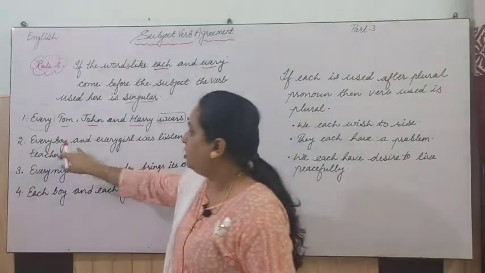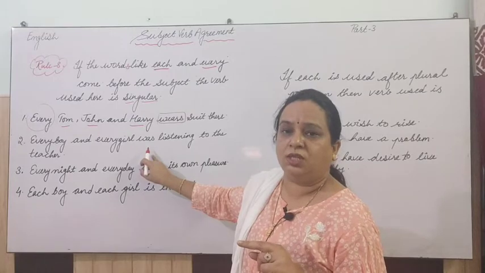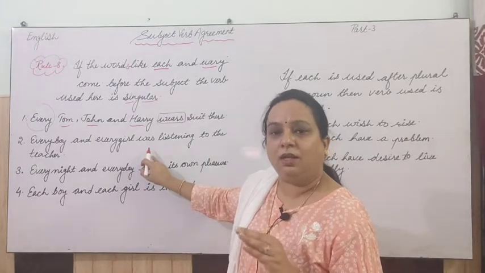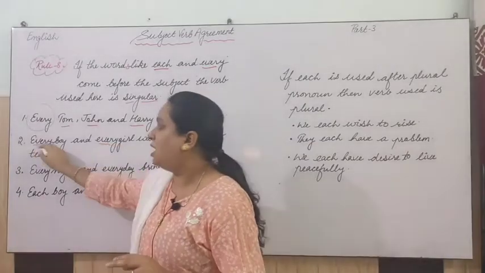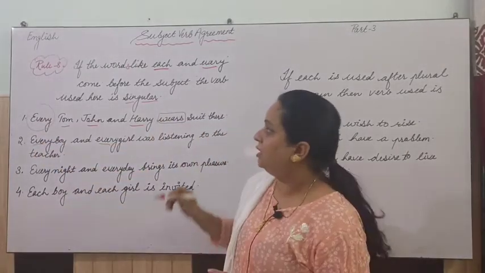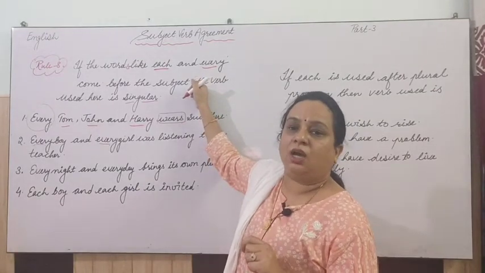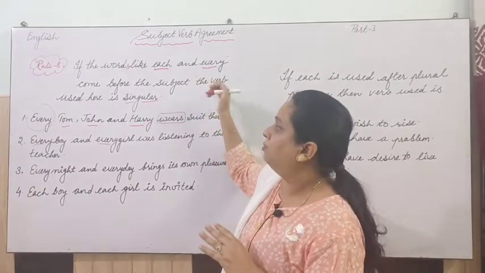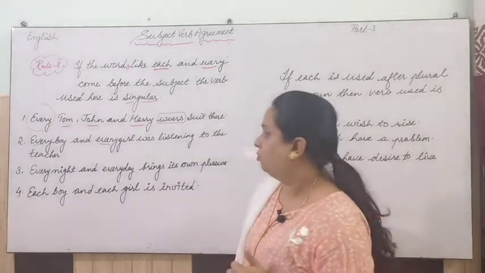Next is every boy and every girl. Once again the situation is contradictory, that girl and boy, two are there, but before that what is there? It is every, right? So we have read in rule number 8 that when every and each are given before the subject, then we have to use a singular verb.